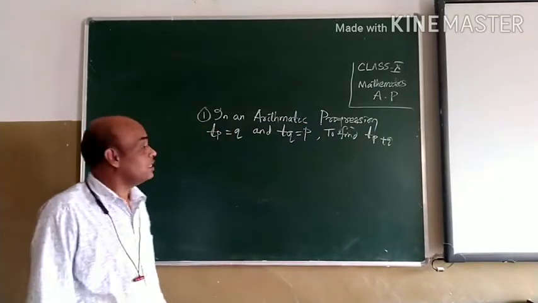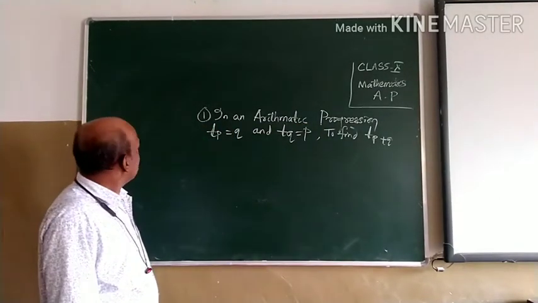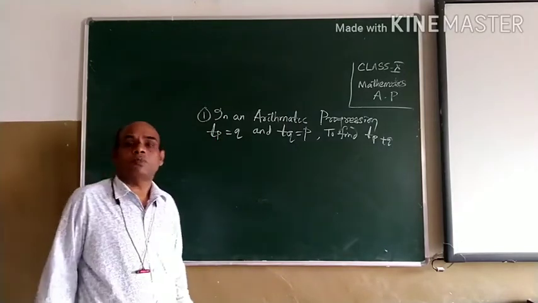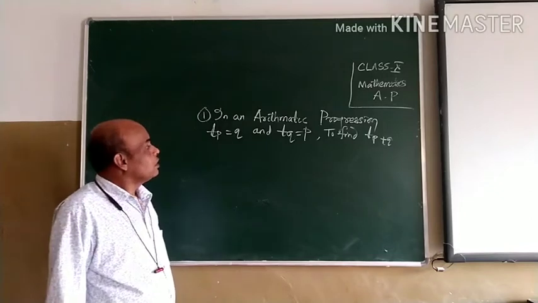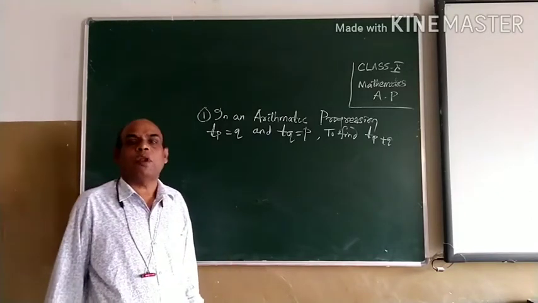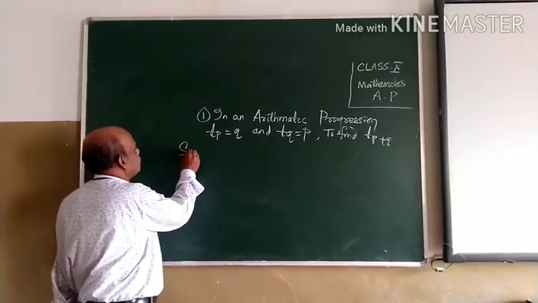Suppose the question is like this way. In an arithmetic progression, the Pth term is equal to Q and the Qth term is equal to P, so that you have to find the value of the (P plus Q)th term. So how can we solve it?